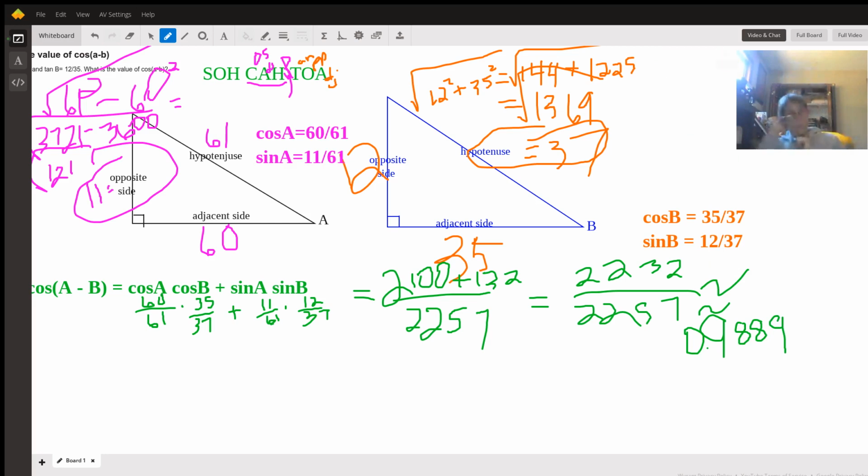And you can check that if you put your calculator in radian mode.